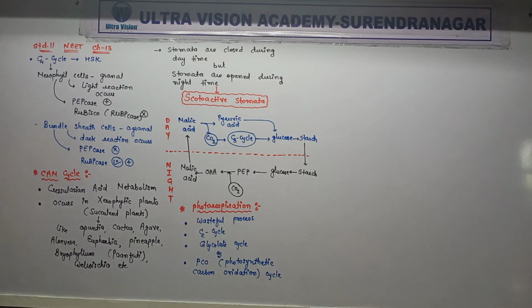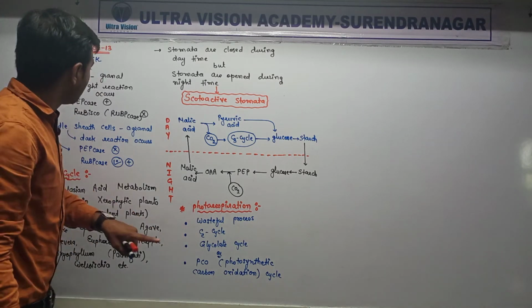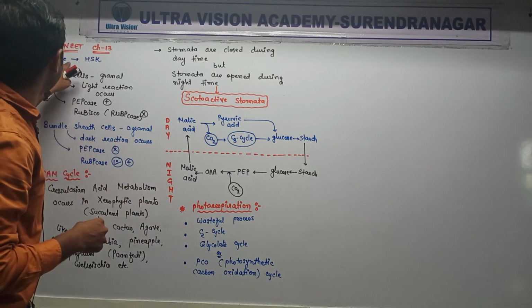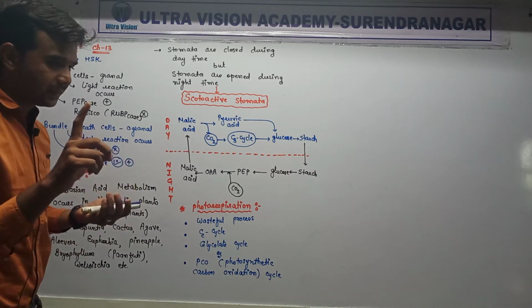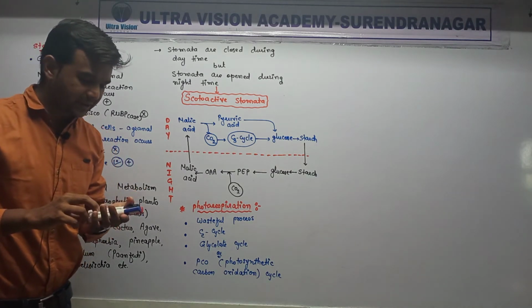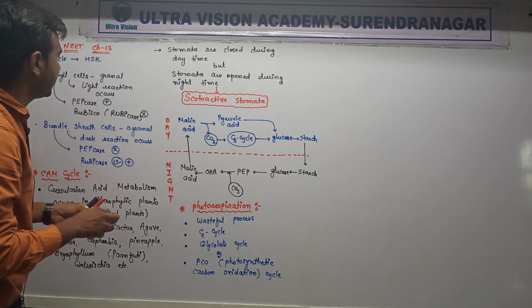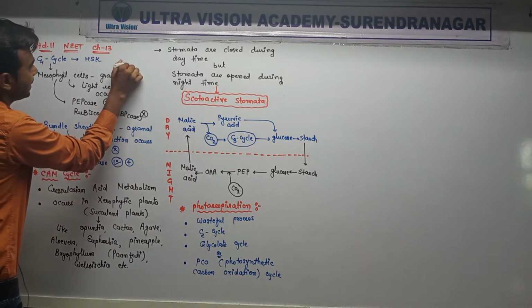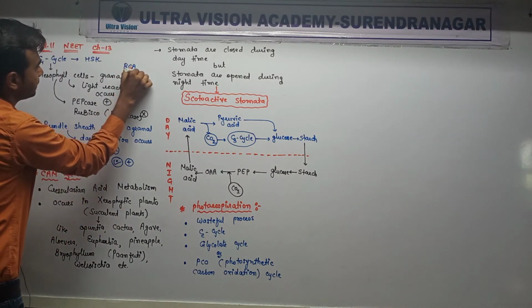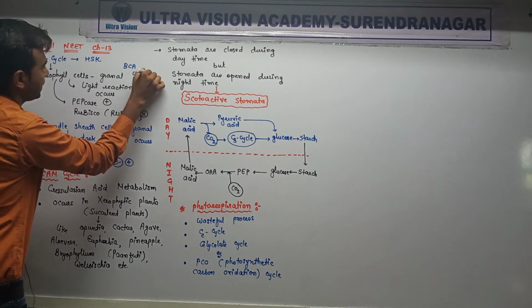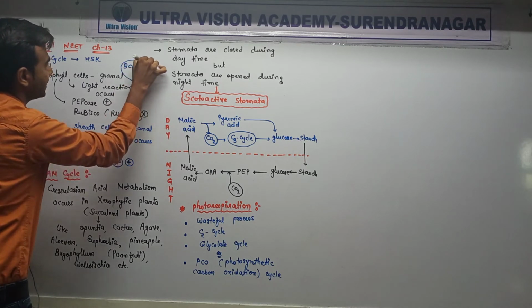It is also known as C2 cycle. One more thing, here in the C4 cycle, the first stable product is oxaloacetic acid, that's why it is also known as BCA cycle, bicarboxylic acid cycle.